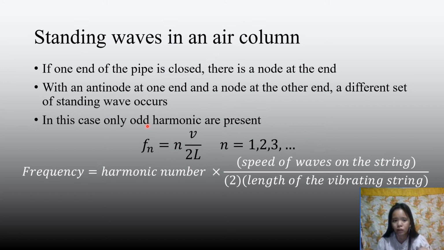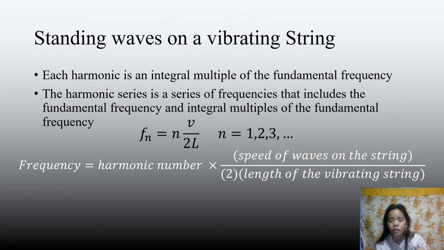In this case, only odd harmonics are present, where frequency is equal to the harmonic number times the speed of the wave on the string, over 2 times the length of the vibrating string. Each harmonic is an integral multiple of the fundamental frequency.